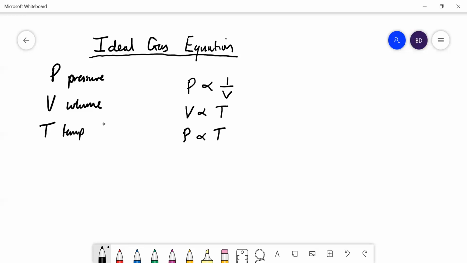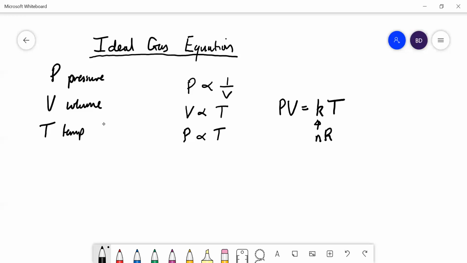Right, so we can put all of these three things together. Before we do that, we can say really that PV is equal to a constant times the temperature. And this constant, we use n, which is the number of moles, and we call the constant R, which is called the gas constant.